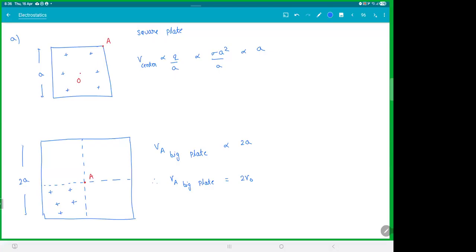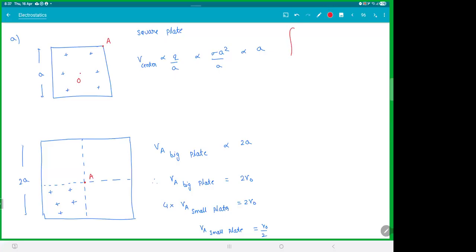So if you take a square plate of side A and 2A, the potential at the center will double. But this big plate is nothing but 4 small plates, because the potential at this A is because of plate 1, plate 2, plate 3, plate 4. That means the VA due to that small plate is V naught by 2.